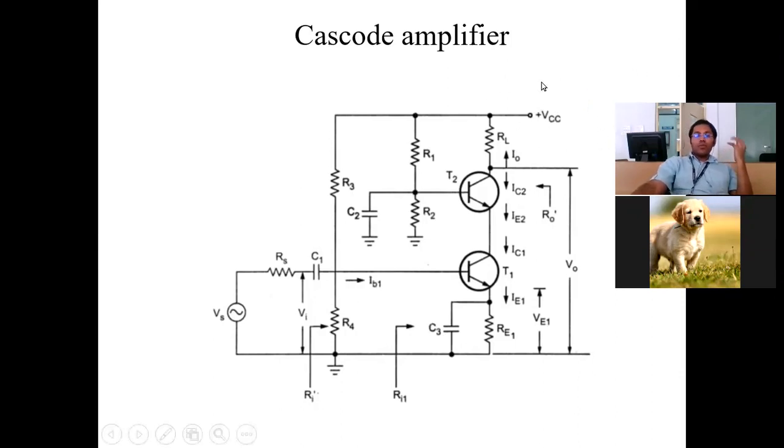So one of you please answer, what are the points for AC equivalent? Capacitor acts as short circuit. VCC replaced by ground. Very good. Any circuit, these are the rules. When you go for AC equivalent, capacitor short circuit, VCC replaced by ground.